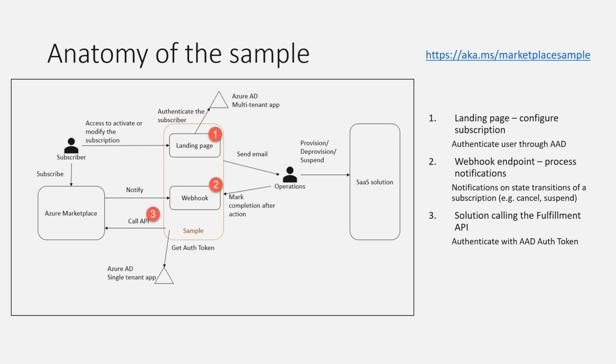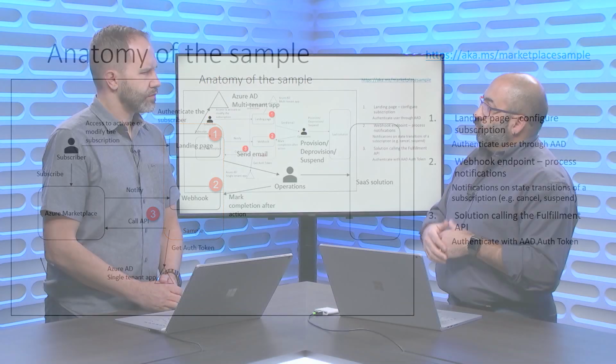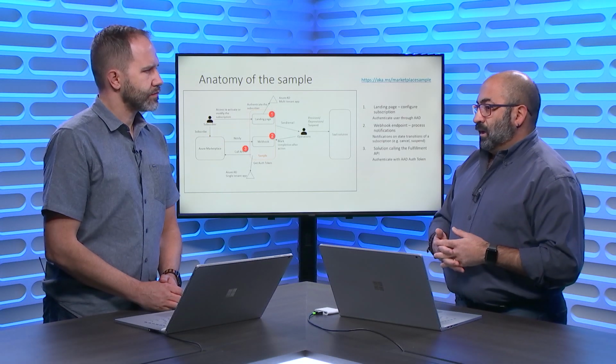Okay. The customer or subscriber is going to land on the landing page, provide the intent, and answer the questions on that simple web form. And then the operations team is going to go ahead and do the required things for onboarding this customer, and then go back to Microsoft Azure Marketplace and say, this subscription is ready on my side, please go ahead and activate it. Once that activation happens, there might be some other things happening for the life of the subscription, things like the customer's payment method expiring.